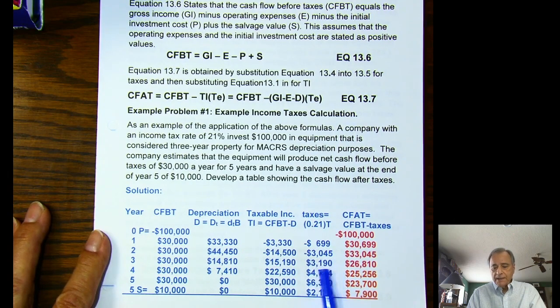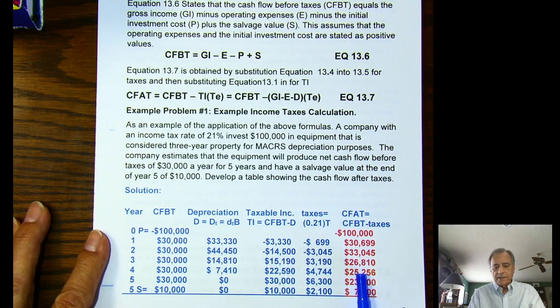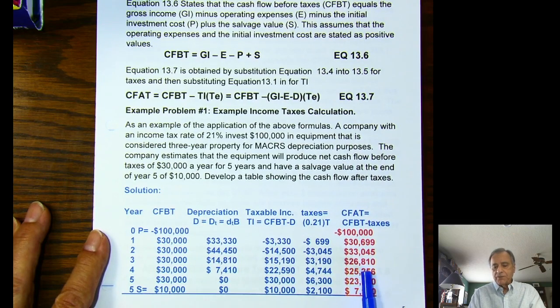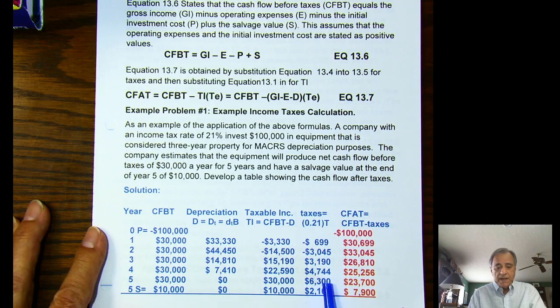When I subtract that plus number from 30,000, I get $26,810 after taxes. Now, the after-tax cash flow is indeed more logical. It's less than the before-tax cash flow because I have a tax due. Here I had a tax deduction, so to speak, or negative tax instead of a positive tax.